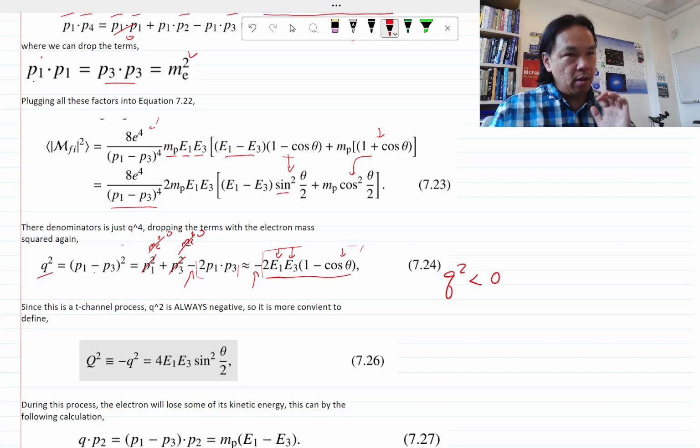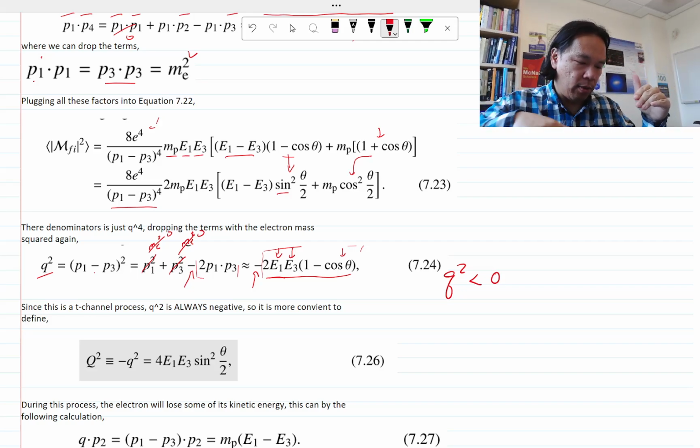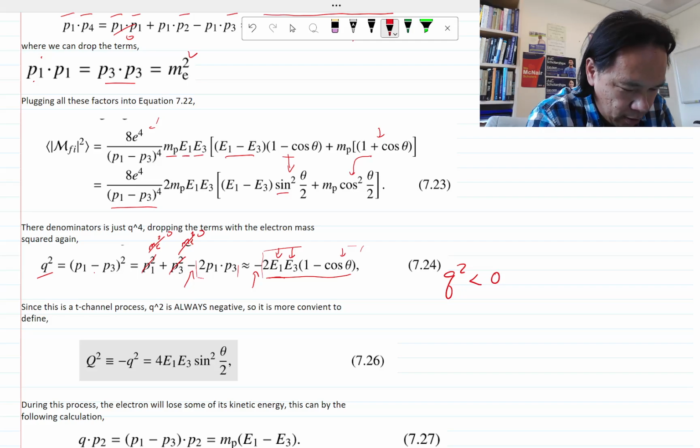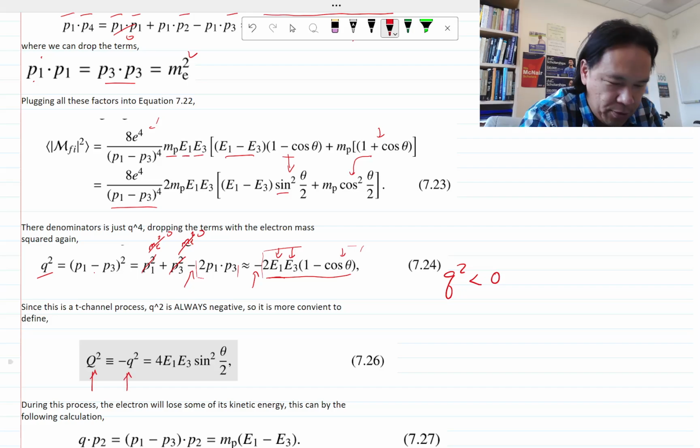And you probably already know this because this is actually a T-channel process. Remember, that's like a space-like process. So therefore, the q squared is always negative. And this is where we're going to flip things around once again. Just to make it more convenient, probably more confusing actually, we're going to define capital Q squared as negative q squared, to get rid of that negative sign.